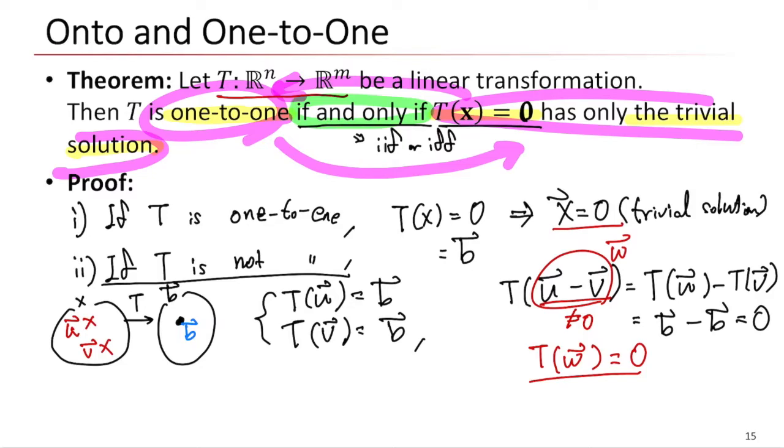More than x equals 0, they'll have another solution, w, right? So from these two statements, we can say that the two conditions are both true or they are both false, right? So it means that this is the proof of this theorem.